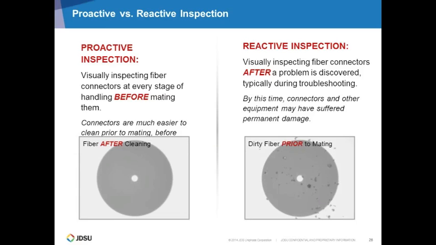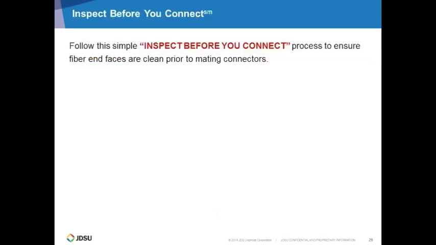The dirt might be removed, but the pits and chips that contamination left on the end face of the fiber will be permanent, and that will create an air gap, which will degrade your signal performance and create insertion loss and back reflection. Those are the reasons why proactive inspection is better than reactive inspection.